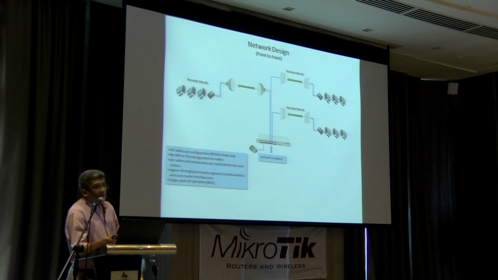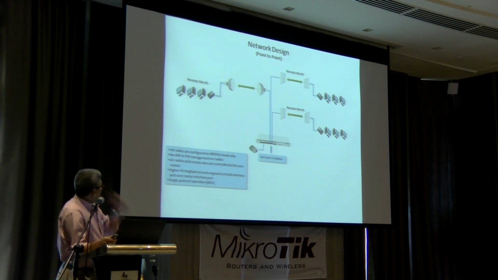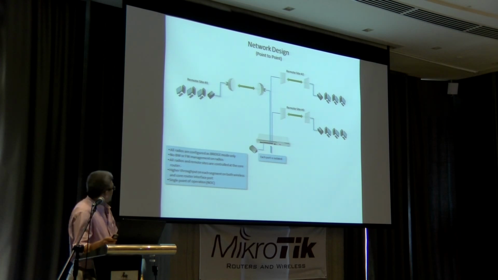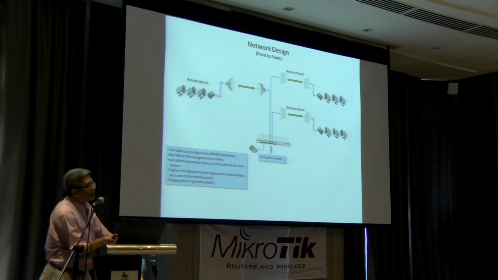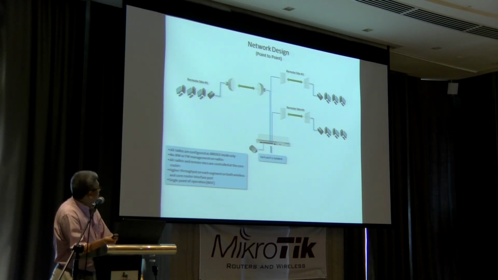For remote site number 2, the distance is about 2.5 kilometers, and I used the QRT5 AC on that site. The same with remote site number 3. Now all radios are configured in bridge mode only. No bandwidth or firewall rules or management on the radios. All radios and remote sites are controlled at the core router, with higher throughput on each segment.